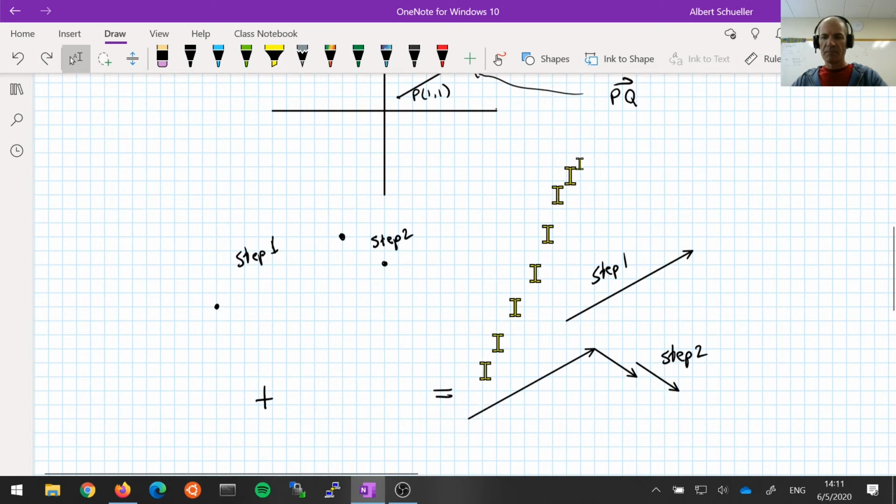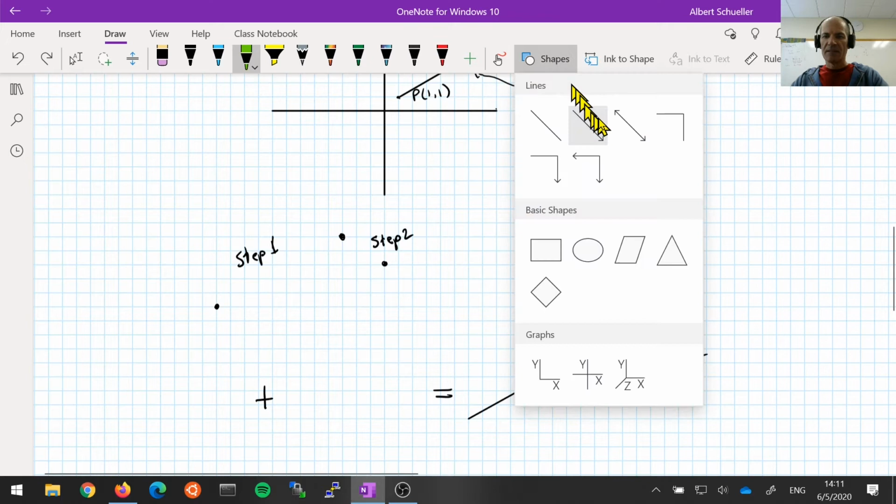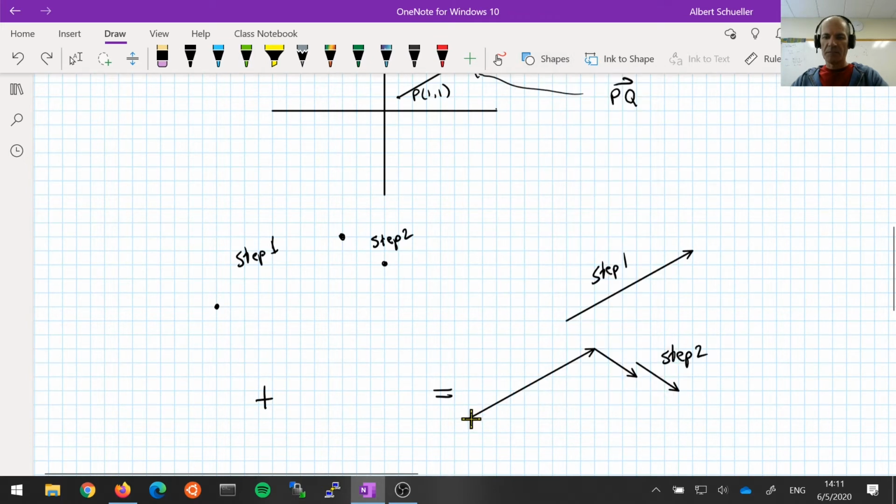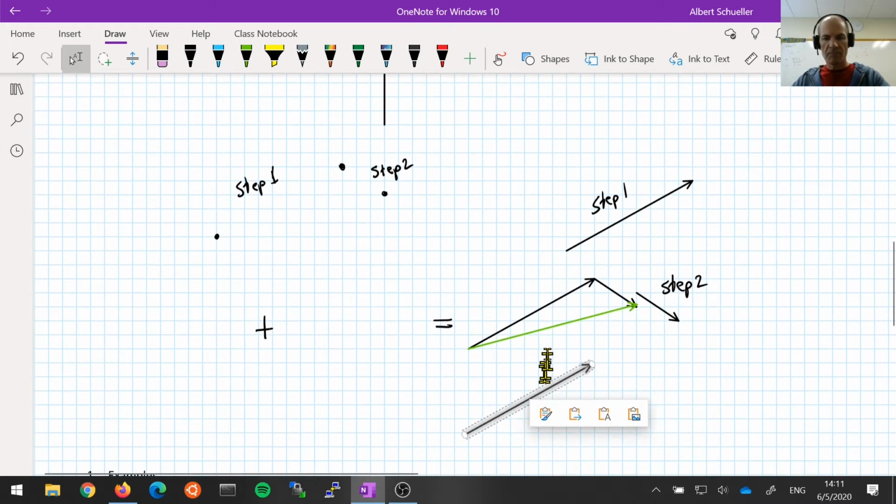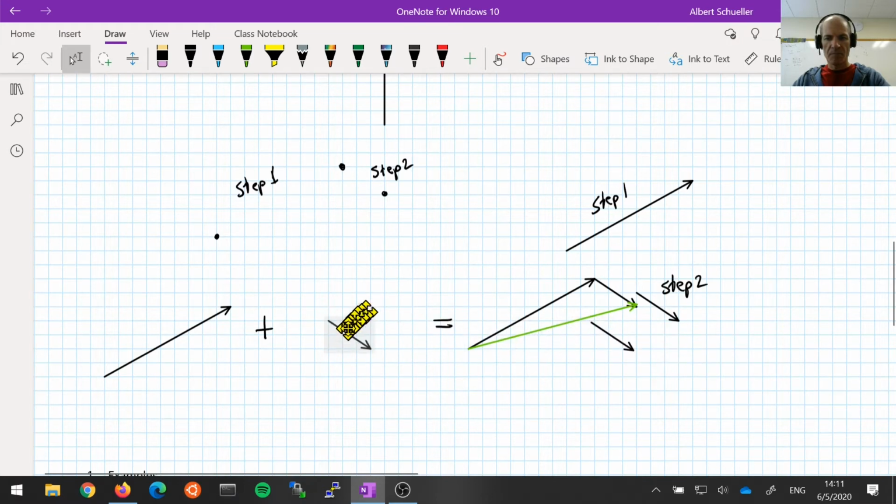Let me do that one more time. It becomes clear that the sum should be this green vector. So the sum of this vector and this vector is the green vector.